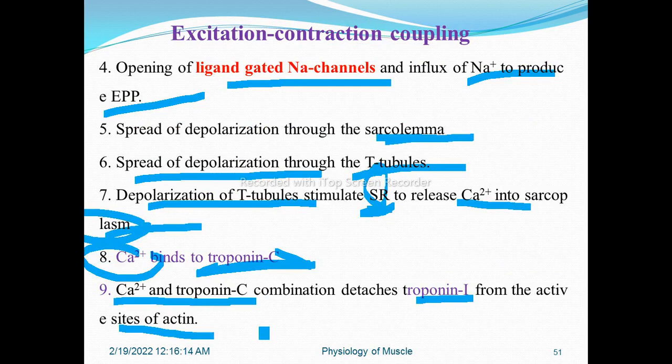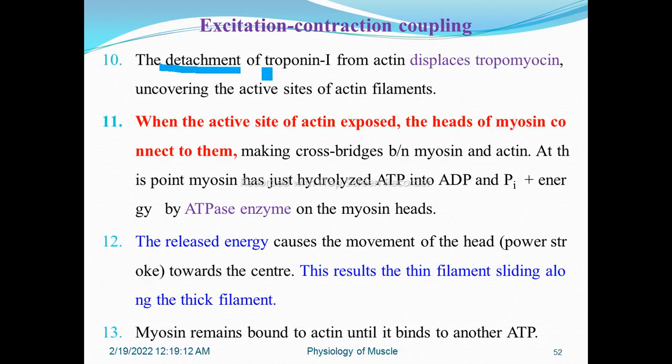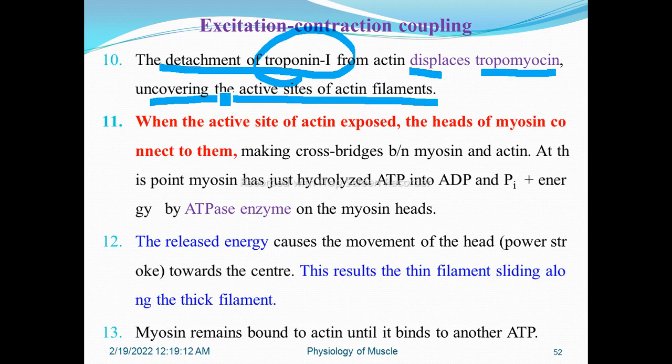After this, step 10, the detachment of troponin I from actin displaces tropomyosin, uncovering the active sites of actin filament. Uncovering means the active sites of actin filament will be opened. Up to this point it is still excitation. After steps 11 and 12, the rest is contraction.